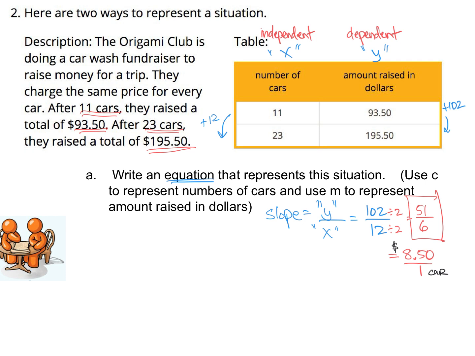So we have our slope, right? This is our slope. And we want to write an equation. So my question is, where does this table start? Think about it. If we do not wash any cars, we're not going to have any money. So this is what is considered a proportional relationship.